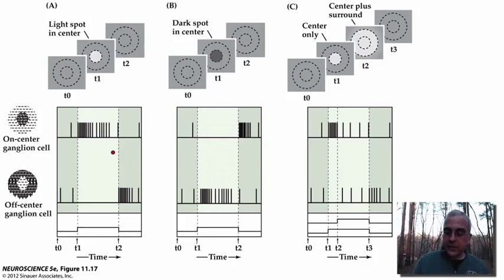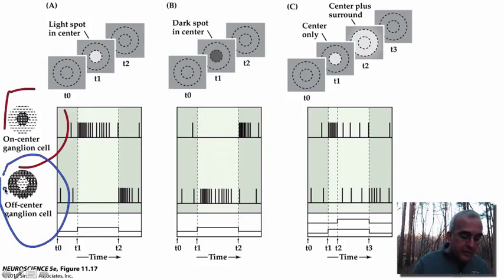Well, putting these things together, we can recognize that there are these two kinds of ganglion cells that have different center-surround configurations. There's the on-center ganglion cell that responds best when light strikes the center of its receptive field, and then there is the off-center ganglion cell that responds best when light strikes the surround.